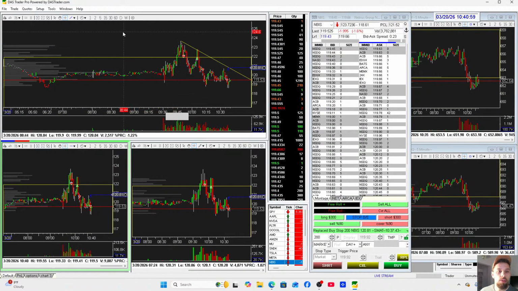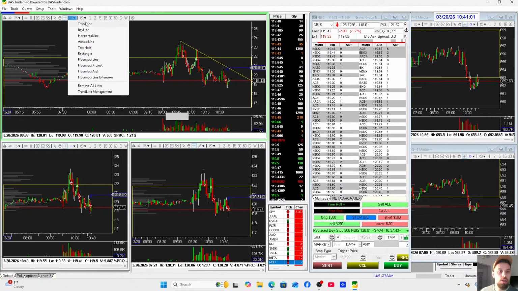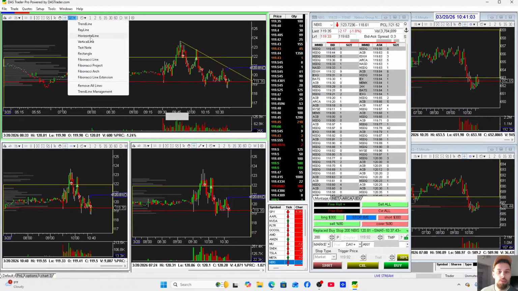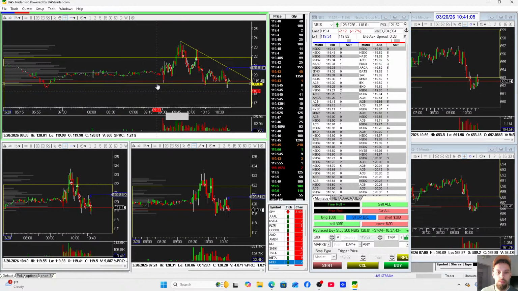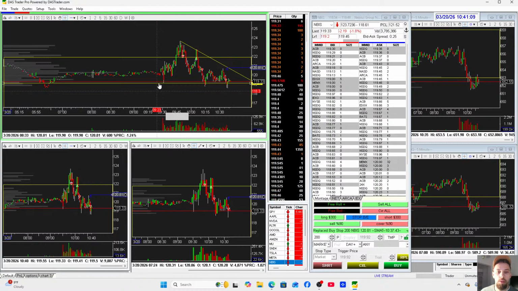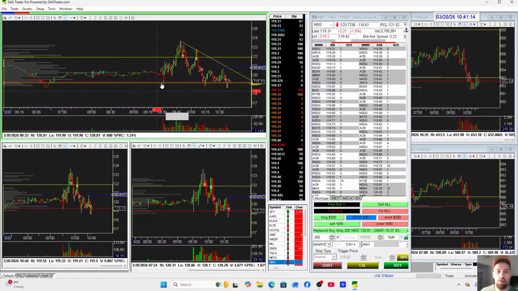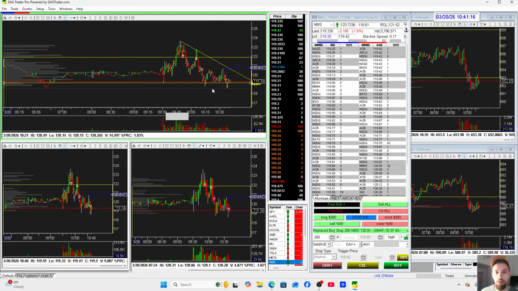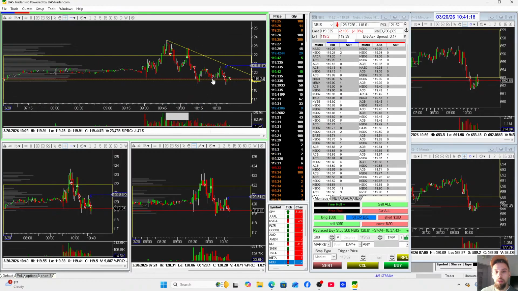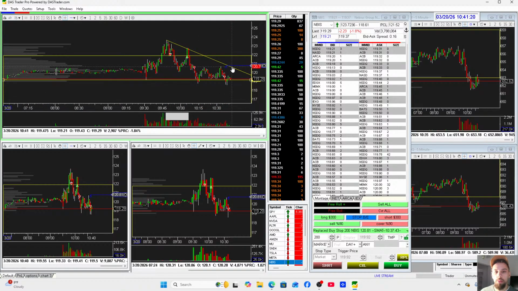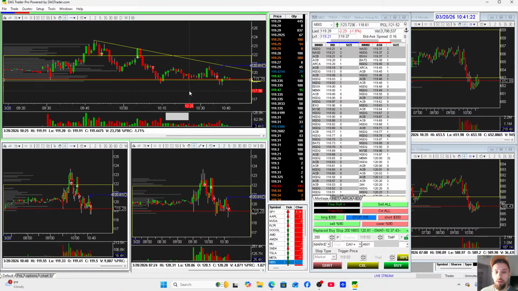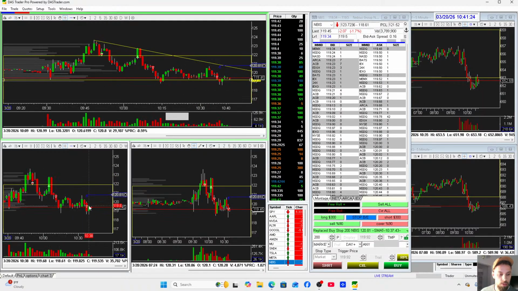This looks like a really big wedge, just slowly developing. Yeah, it looks like this to me. Something like that. So I wouldn't be surprised if it plays this little range here, bounce points.